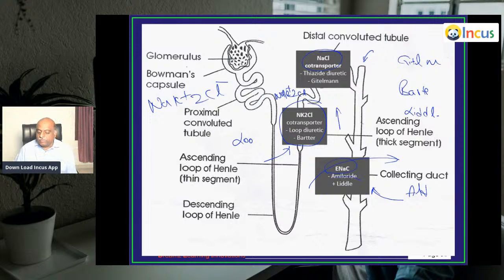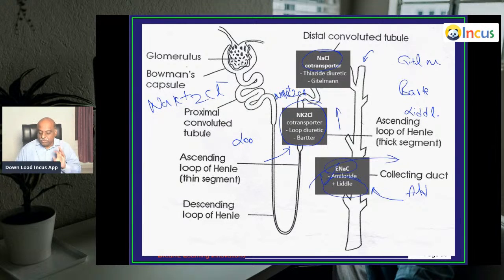So Liddle syndrome is as if you are in a state of hyperaldosteronism, though aldosterone is normal. It is like taking amiloride, which also opens constitutively the sodium channels in the collecting duct.